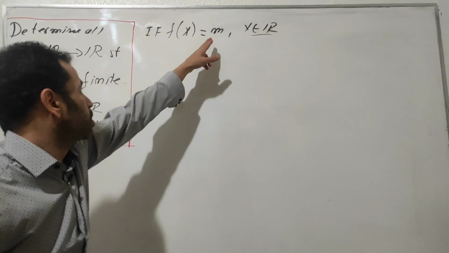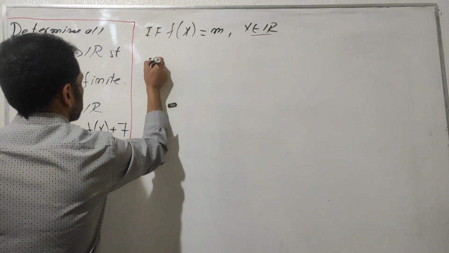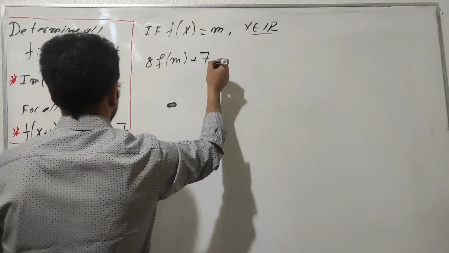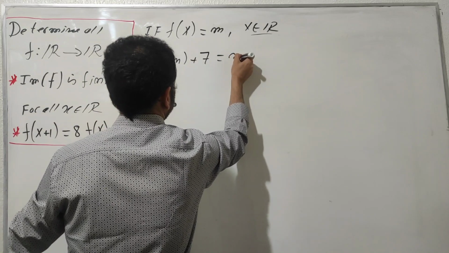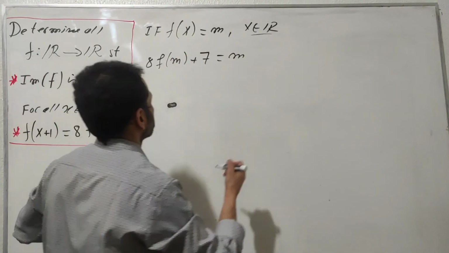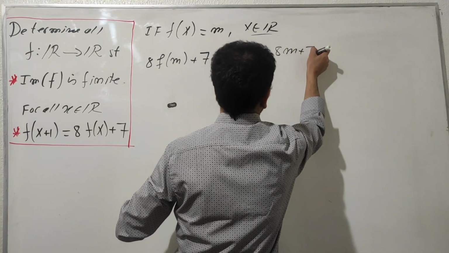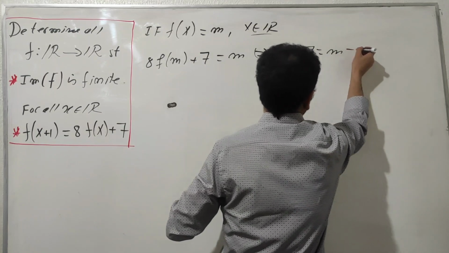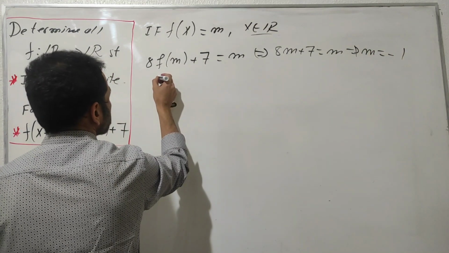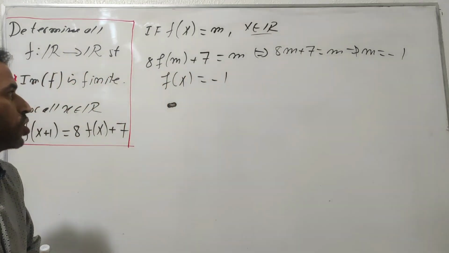I replace this constant function into the equation, so I get 8 f of m plus 7 equals m. Replacing f of m with m, I get 8m plus 7 equals m. This gives us m equals minus 1. Thus f of x is taking the value minus 1.